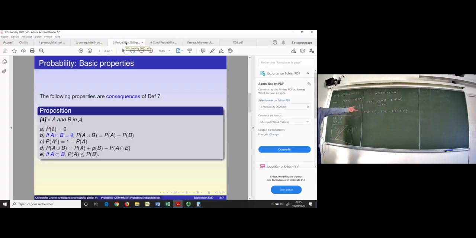I can put, for example, P of B into factor, and I obtain 1 minus P of A. But what is 1 minus P of A? If I have a look at this here, 1 minus P of A is equal to P of A complementary.